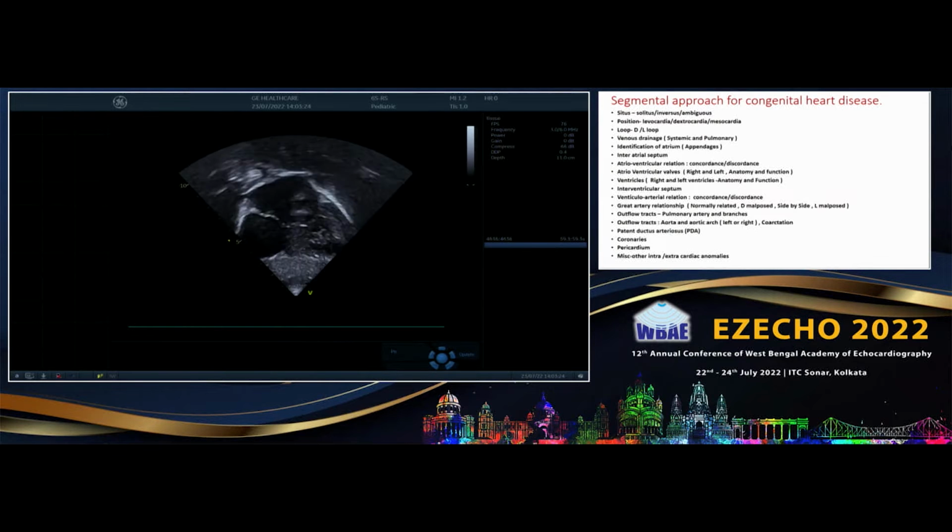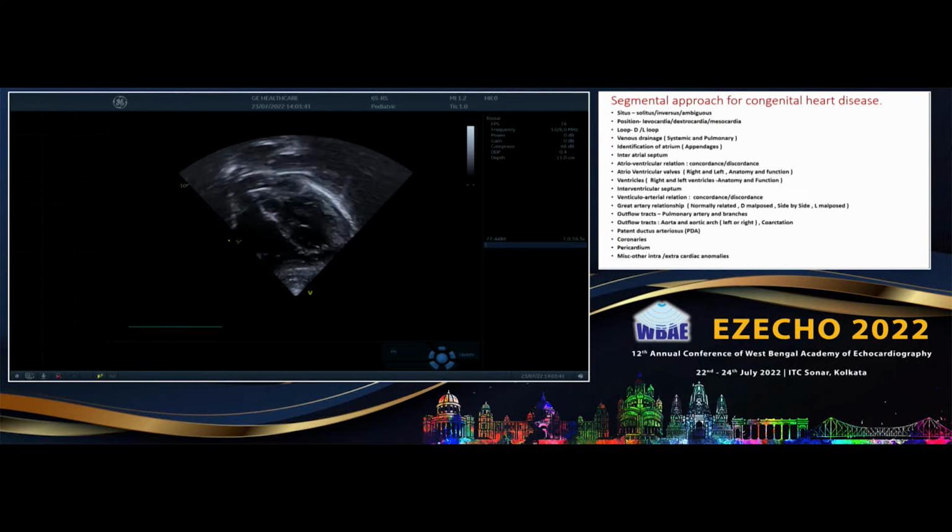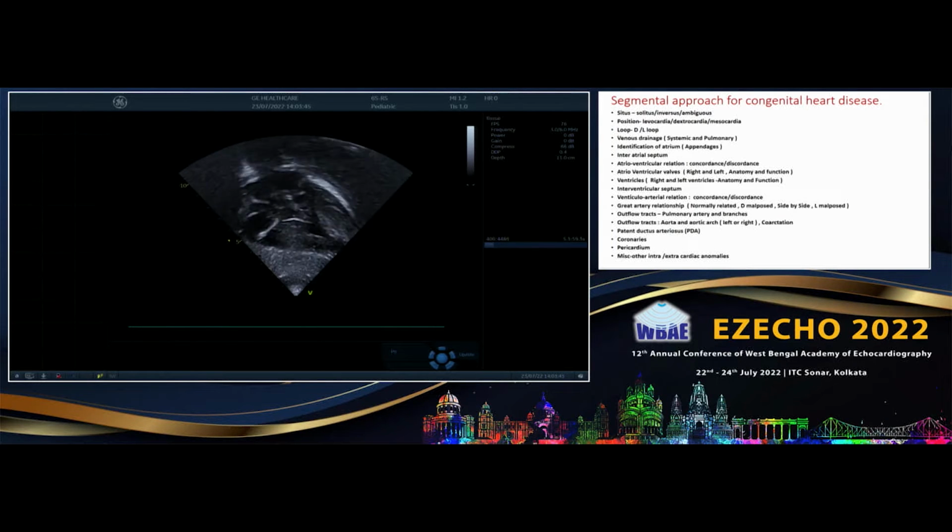When we invert it, we can see the two atria. The cursor to the left side is our left, and this is the right side. We have identified this to be the right atrium, in which the IVC was draining.